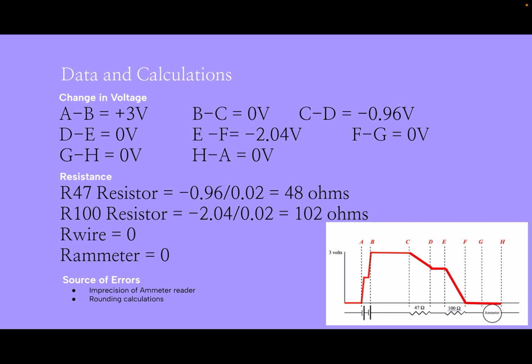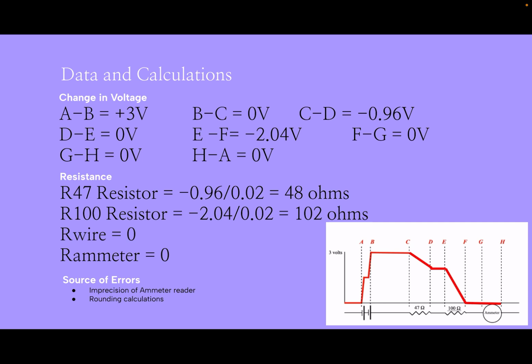For resistance, these are the calculations we used to find those ohms. For the R47 resistor, we simply did the negative 0.96 from C to D divided by the 0.02 amps to get 48 ohms. And for the R100 resistor, we did negative 2.04 from the E to F and divided that by 0.02 amps to get 102 ohms.